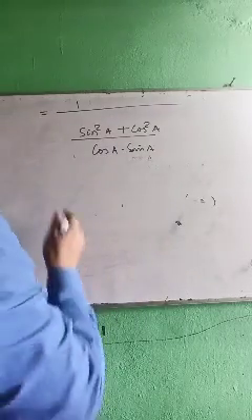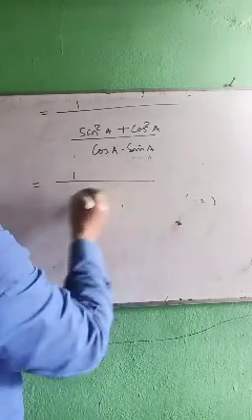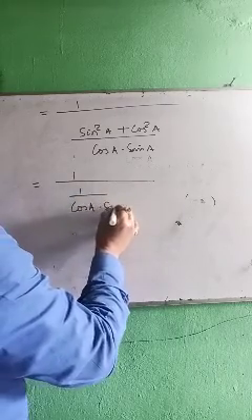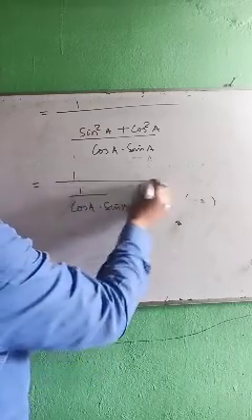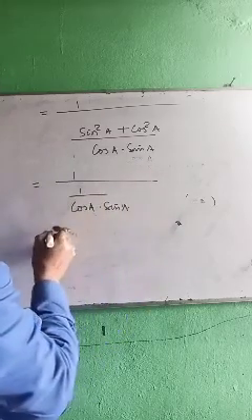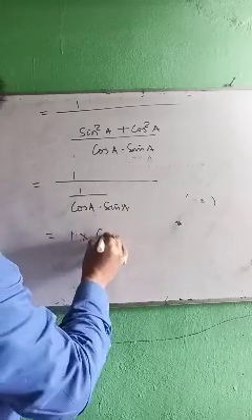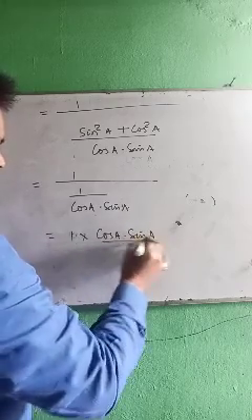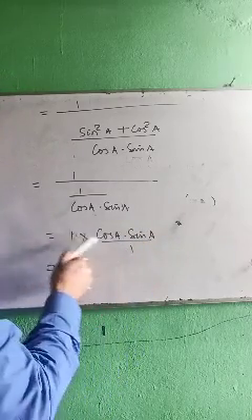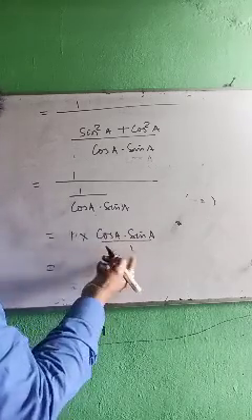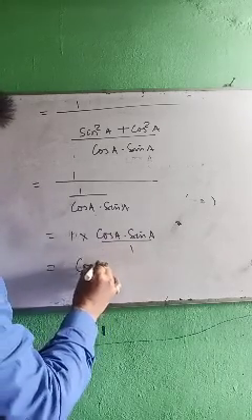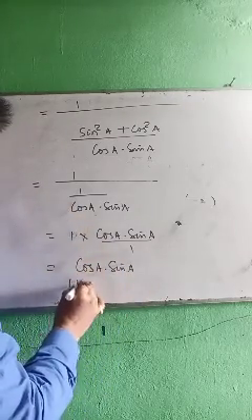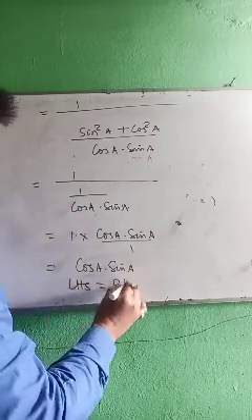That becomes 1 by cos A into sin A. Now this is the main division line, so this will be reciprocal: 1 into cos A into sin A divided by 1. So 1 multiplied is 1, divided by 1 is 1. Cos A into sin A. So left hand side equals right hand side.